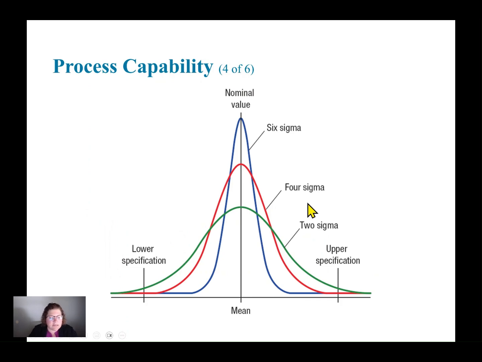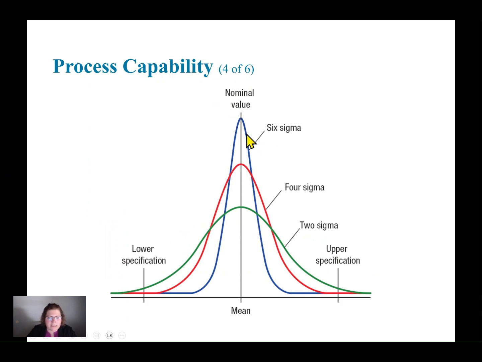Now, I really like this graphic here because it actually shows the difference in the type of spread you would expect for different quality levels. For our highest level of quality, Six Sigma, you see this blue line, and you'll notice that the Six Sigma curve is kind of tight and skinny right next to the nominal value, which means most of your data is grouping really tightly to the target value that you want. As quality level goes down, though, the curve goes down because you have more variability and more spread in your process data.